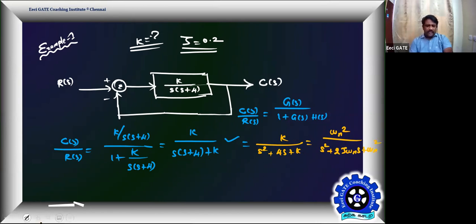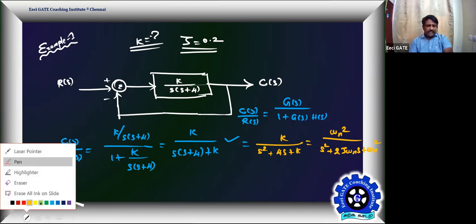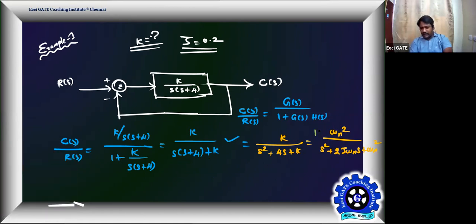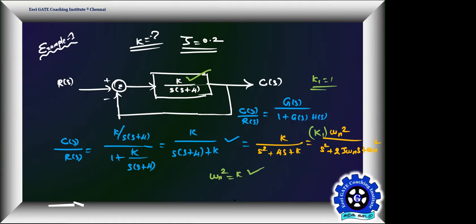But remember, forget our K. Our K is the static sensitivity, so replace that with K1, because the designer is using K. The moment the designer is using K, avoid our K and use K1 as our standard transfer function static sensitivity. So K1 is equal to 1 in the system. And then the first conclusion is ωn² is equal to K. Yes?